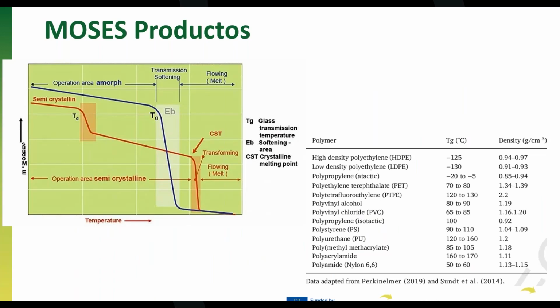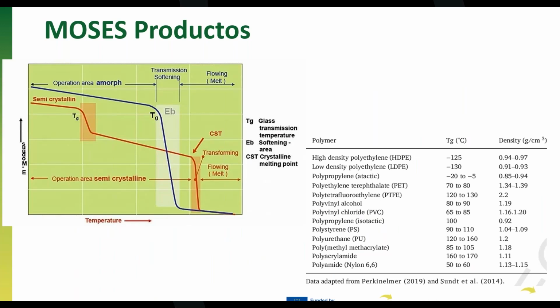I have also given you a table of different materials, just for you to know something about the different Tgs. You can see, for example, polypropylene at -20 to -5 degrees, which means that if we froze this common material that we have in the house, if we put it in the fridge, we will see that its mechanical properties change.